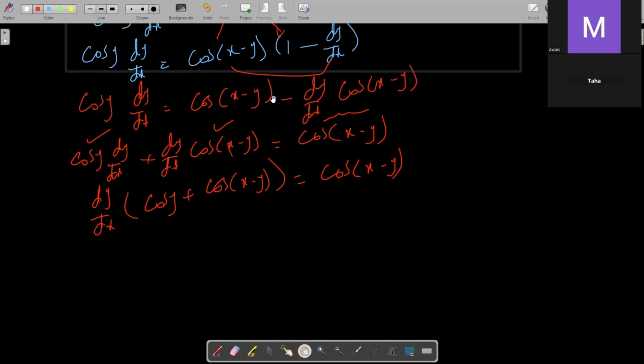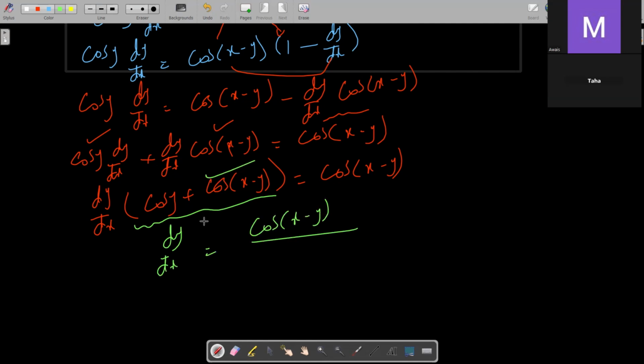Okay, now you're done with the derivative, almost done. So you can just divide this whole thing on both sides to get dy by dx. That will be cosine x minus y divided by this one: cosine y plus cosine x minus y.